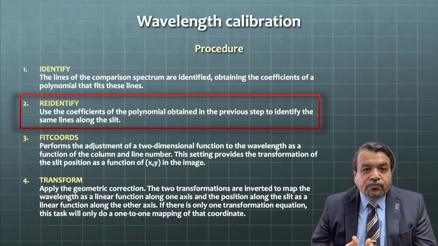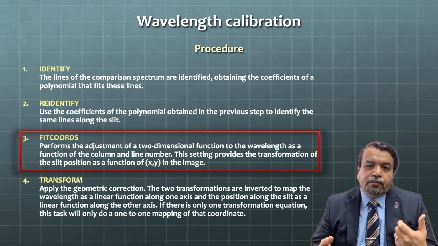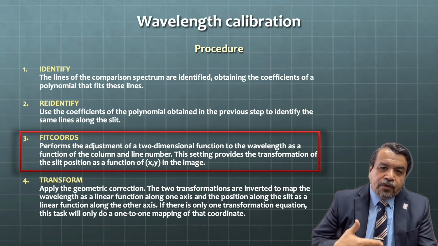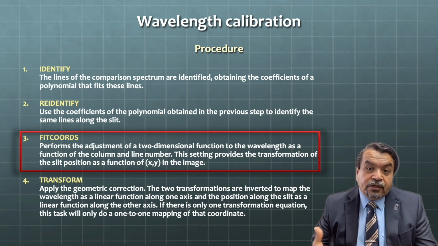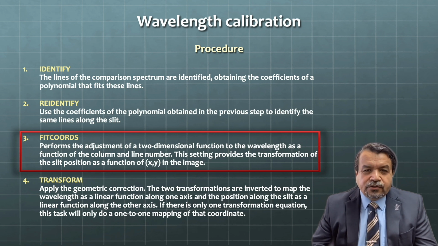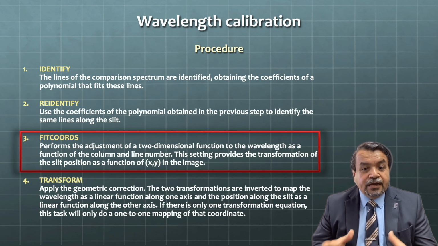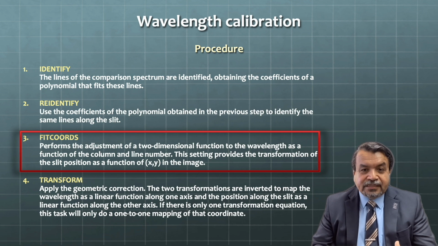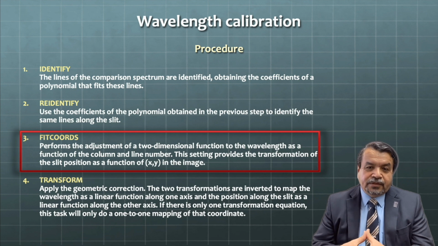The fitcoords command will execute a 2-dimensional adjustment where each of these polynomials will move up and down from the midline, forming a function that allows us to make a transformation from R2 to R. This function is particularly useful for wavelength calibration as it corrects any deformation of objects behaving like the comparison arc. By applying this adjustment, we can ensure accurate calibration and correct any distortions in the data. The fitcoords command is an essential tool for achieving precise and reliable results.